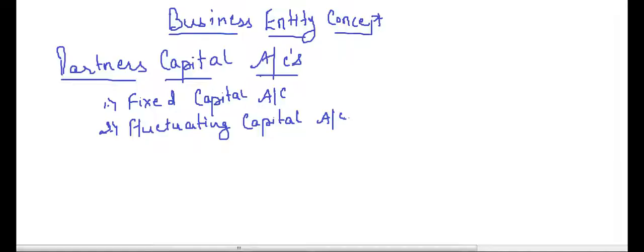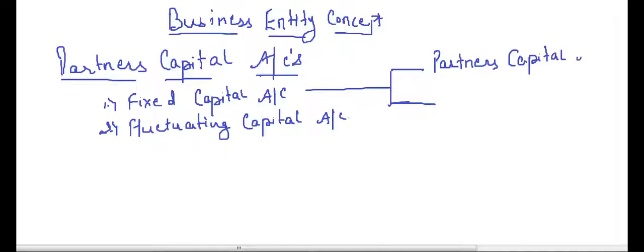right? So under the fixed capital accounts we prepare two types of accounts. One is the partners capital accounts and the second account that we prepare is the partners current account.